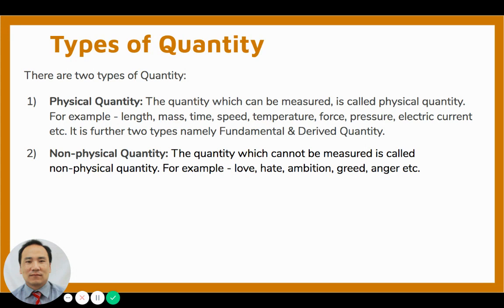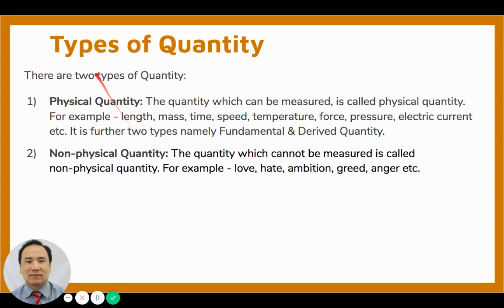So since we can measure its quantity, it is called physical quantity. Example, length, mass of the body, time, speed, temperature, force, pressure, electric current, etc. These are the physical quantities. And physical quantity is of two types, fundamental and derived quantity, which we'll be discussing in the next slide.